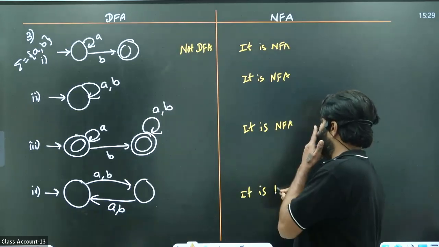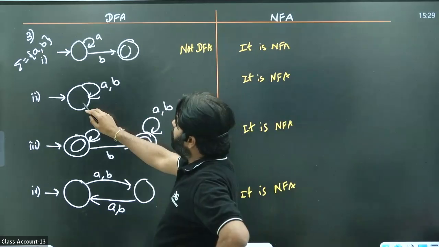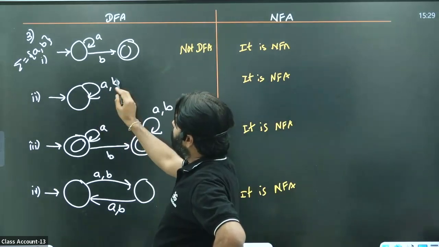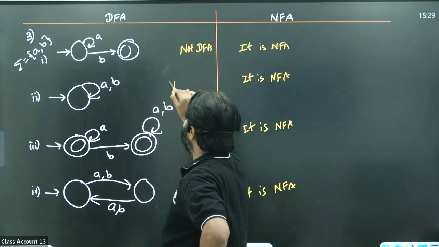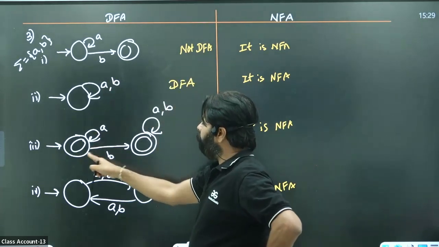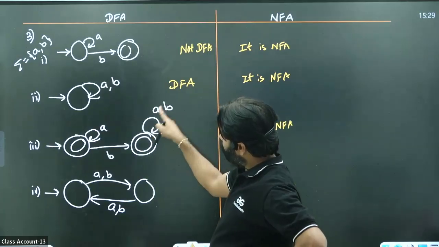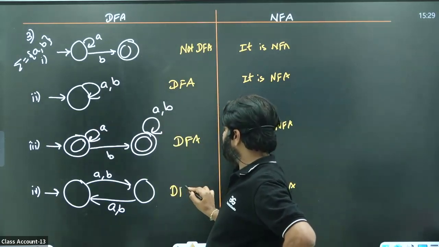But the problem is DFA or not. From this state, by reading A, only one transition. It's nothing but two different transitions; we write a comma to separate them. It is a DFA. In this one, for A one transition, for B one transition, for A one transition, for B also one transition, it is a DFA. It is also a DFA.